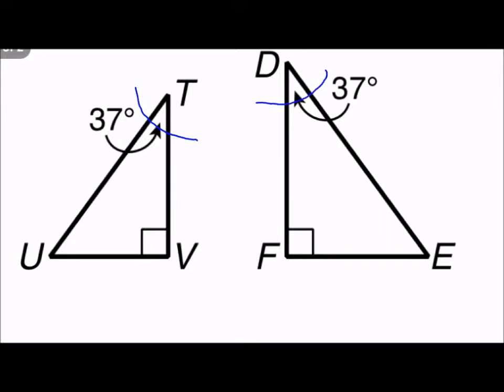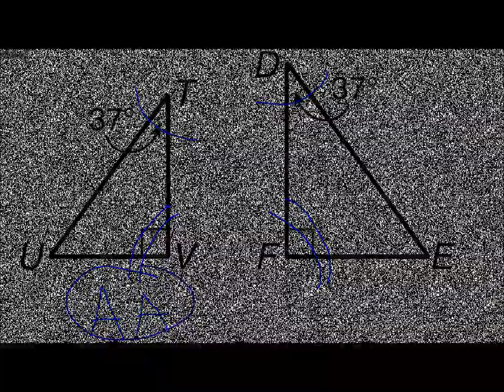Now we don't know it's similar until we find our second angle. So we've got angle V, which is a 90-degree angle, and we have angle F, which is also a 90-degree angle. Since we know these 2 angles on both of these triangles are the same, we know that the triangles are similar based on the angle-angle similarity postulate.